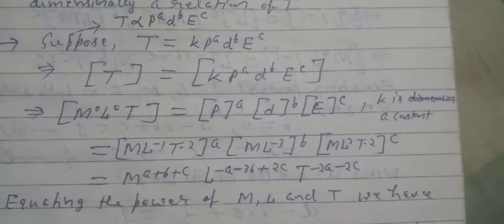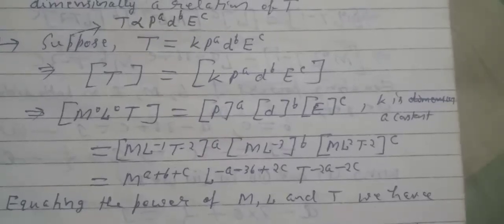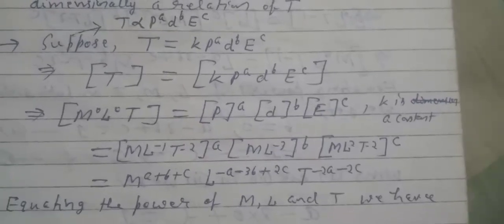Now M to the power a plus b plus c, into L to the power minus a minus 3b plus 2c, T to the power minus 2a minus 2c.